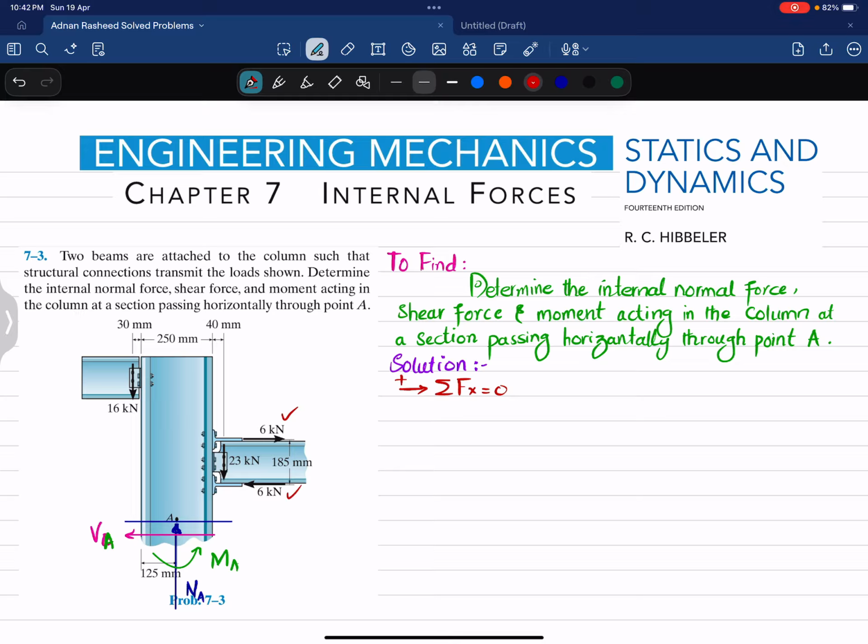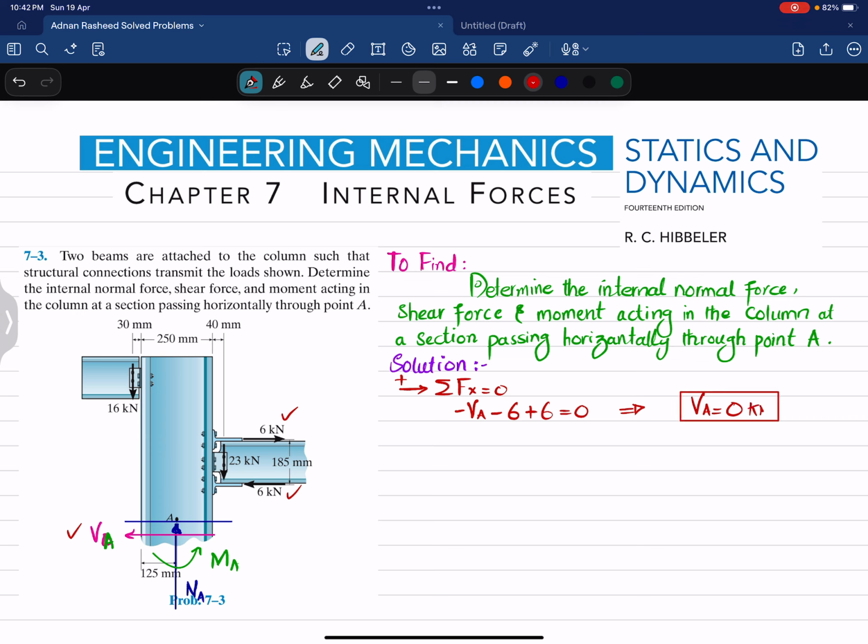The second one is this -6, which is in the opposite direction to what we have selected. And this VA is also toward the left. Their sum must be equal to 0, so I can write -VA - 6 + 6 = 0. From here, we get that the shear force at point A is 0 kilonewton.